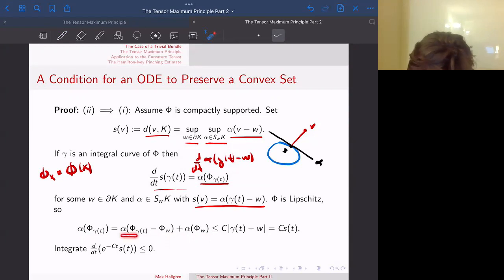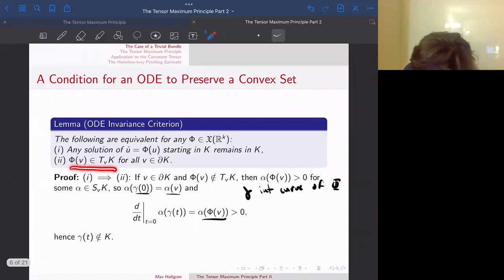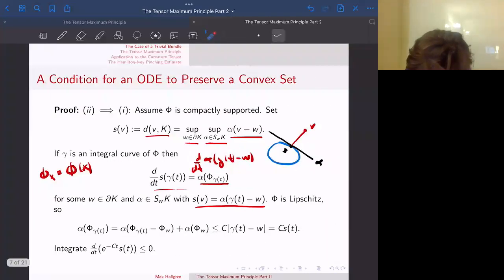We know this is going to be less than or equal to 0, by our assumption that phi of v is always pointing into our tangent cone. So it's alpha of a vector like this pointing into our tangent cone at our point.